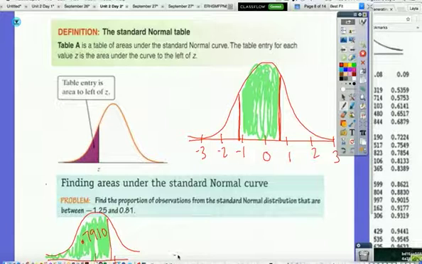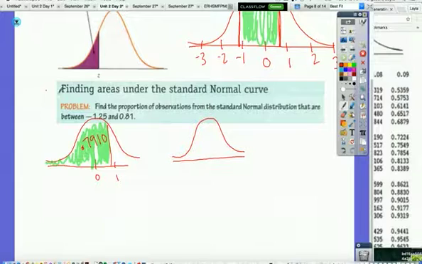Alright, now we're going to do this one a little bit differently than what we normally do, and that is only because we are trying to find a very specific number. This was for 0.81. We are going to do now the -1.25. So there's 0, and there's -1, and there's -2, and we would need this.